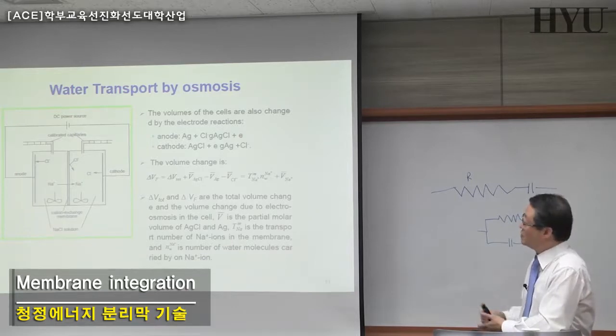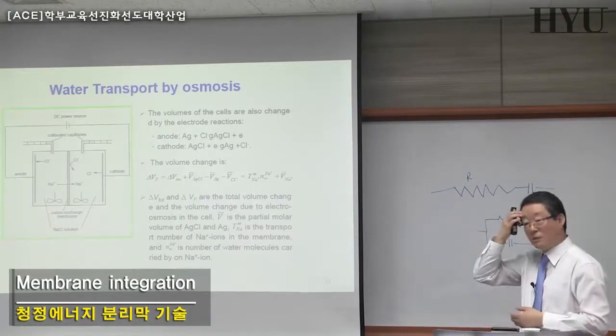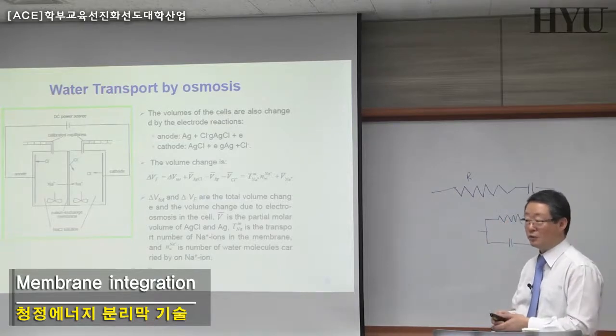So by using this principle, we can generate electricity as well. The volume change of the flow system can be described here in this case. And so the total volume change and the volume change due to the electroosmosis of the cell can be determined from this equation.